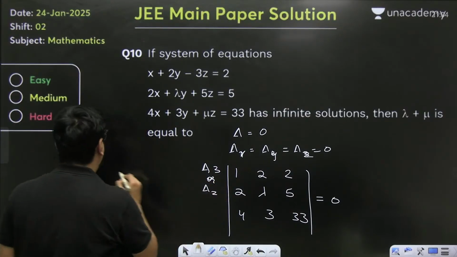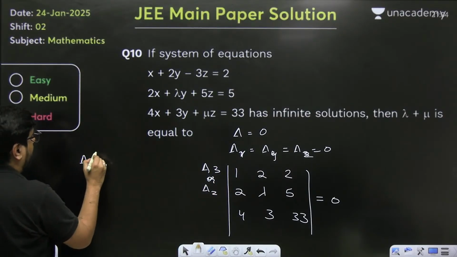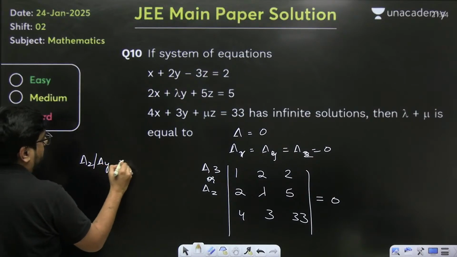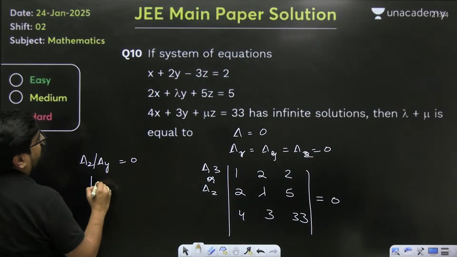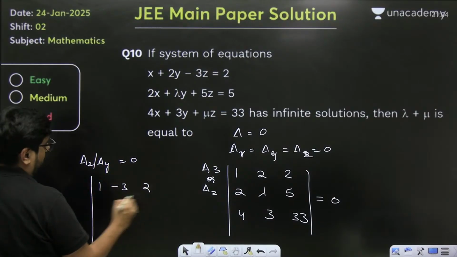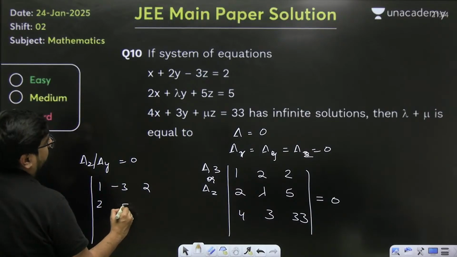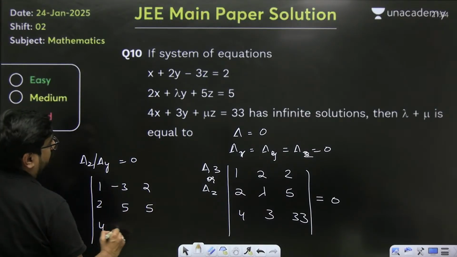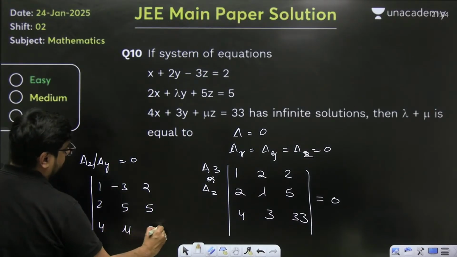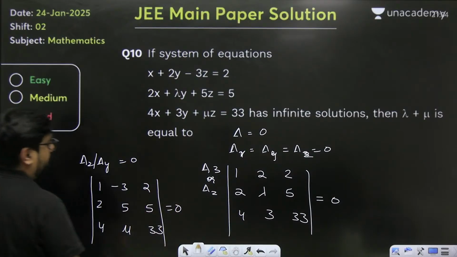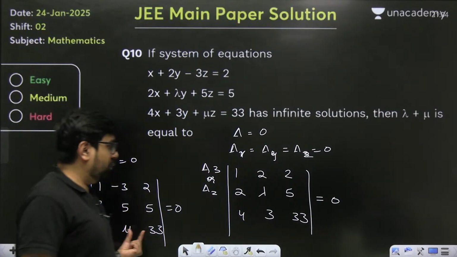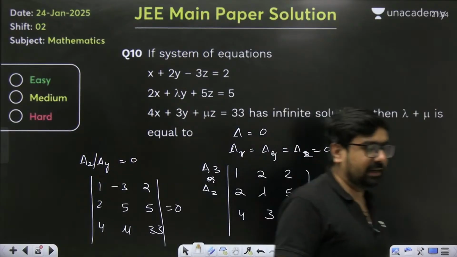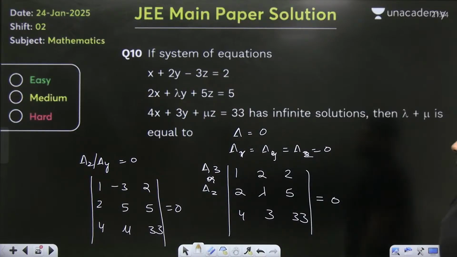Now put delta 2 or delta y equal to 0. So that will become 1 minus 3, 2, 2, 5, 5, 4, mu and 33. This equal to 0. This will give you mu, this will give you lambda directly and you'll have your answer.